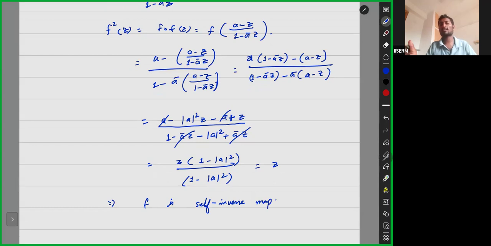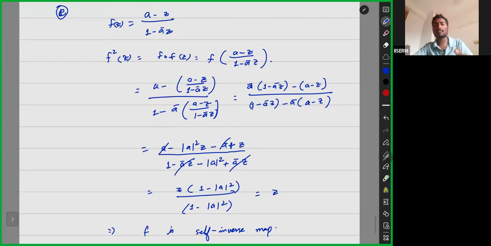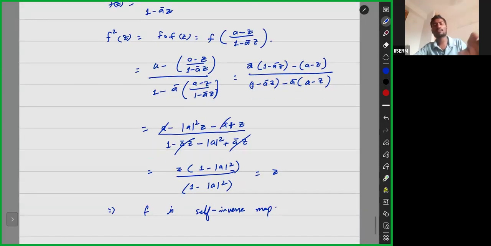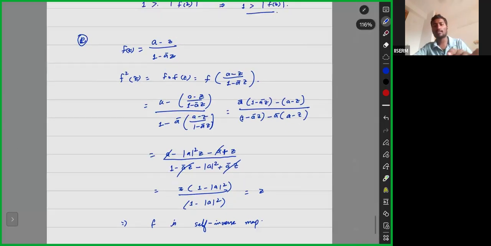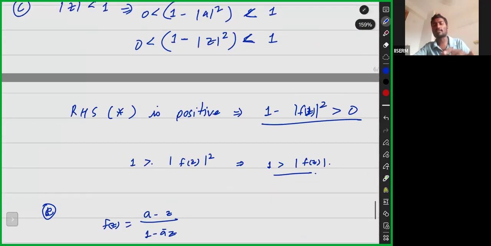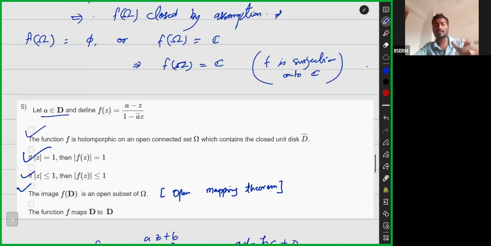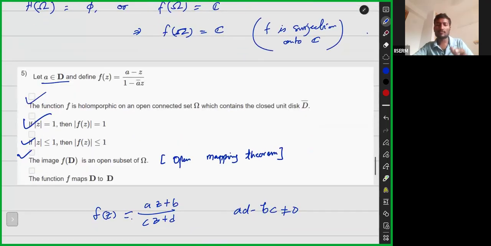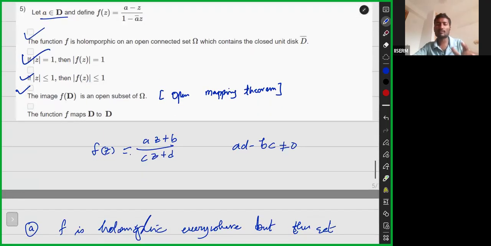This map has itself as its inverse. So the inverse is also holomorphic, leaving one point, 1 by A bar, and it is self-inverse. So it is one-one and onto.